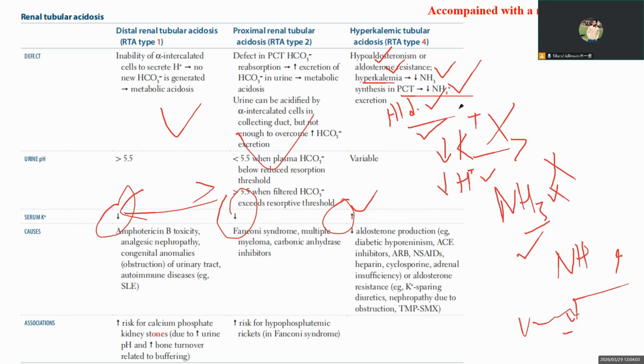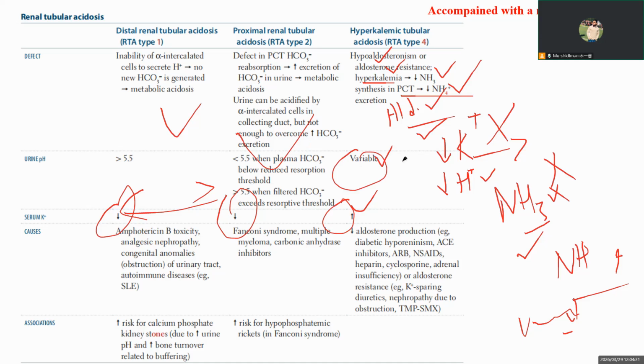And definitely that will lead to the urine pH level that you can look at over here. Why do we have to remember that the pH is going to be variable? Because the distal acidification mechanism is structurally still intact. The collecting duct can acidify the urine if given the right stimulus. However, because of the hyperkalemia and the reduced ammonia, the total hydrogen ion secretion is impaired.